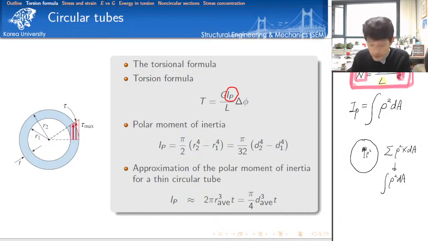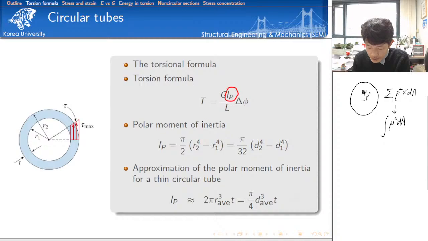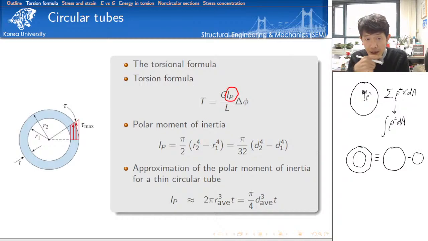So for instance, in the case of a hollow section, we'd like to subtract the smaller solid section from the bigger solid section. Then we can easily obtain the polar moment of inertia for this hollow section. By the definition, if you look at the formula, the table is given in our textbook.